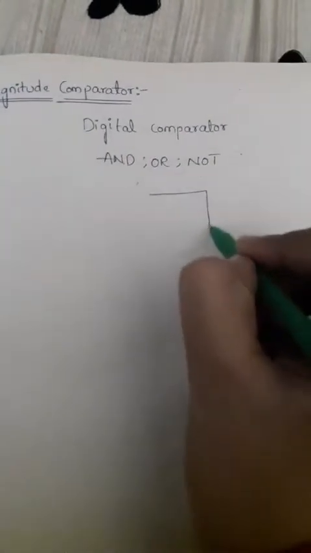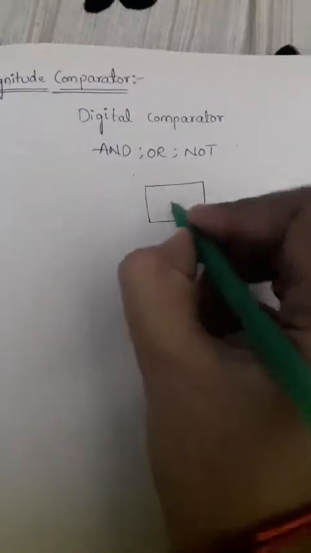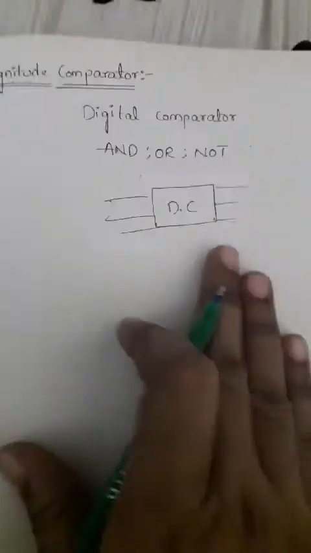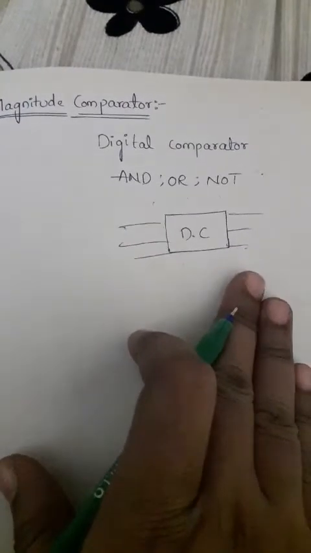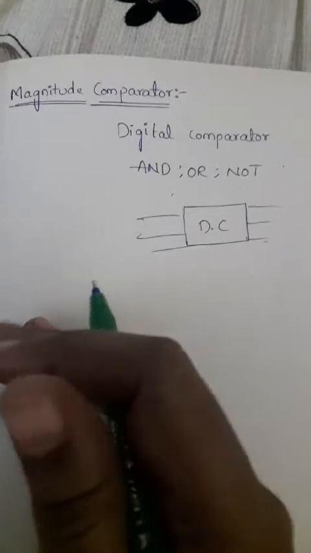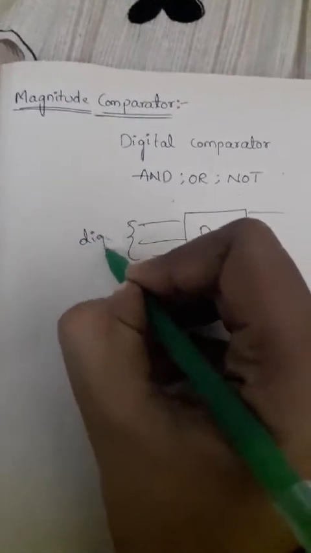So what is a digital comparator? I will draw the basic diagram for this digital comparator. A comparator is nothing but comparing the inputs. Here, in a digital comparator, the input signals being compared are digital signals.